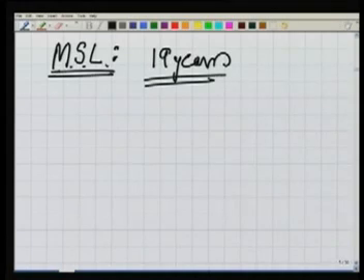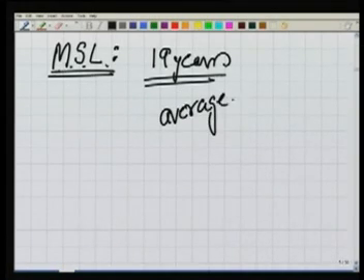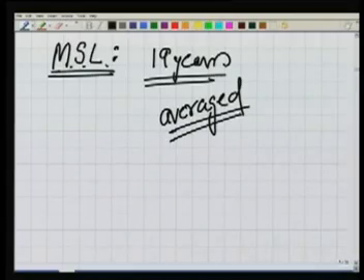It does vary, and then it has been averaged out. That average value is the mean sea level. Every country has defined its own mean sea level. Similarly for India also we have defined our mean sea level. So that becomes the reference, the mean sea level.